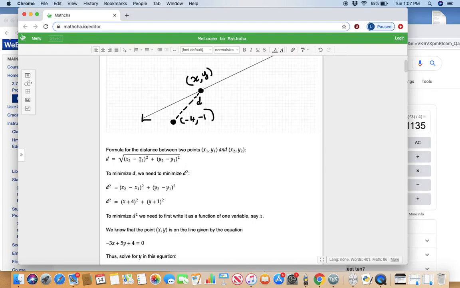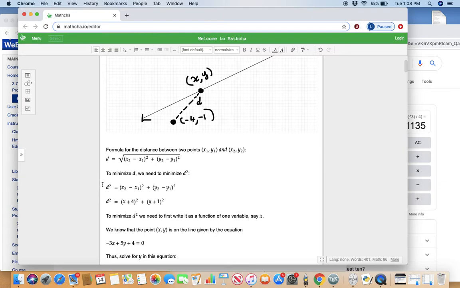If you square it, you get rid of the root and your calculations become easy. So let's square d. That gives us d squared equals x2 minus x1 quantity squared plus y2 minus y1 quantity squared. So you want to minimize this.